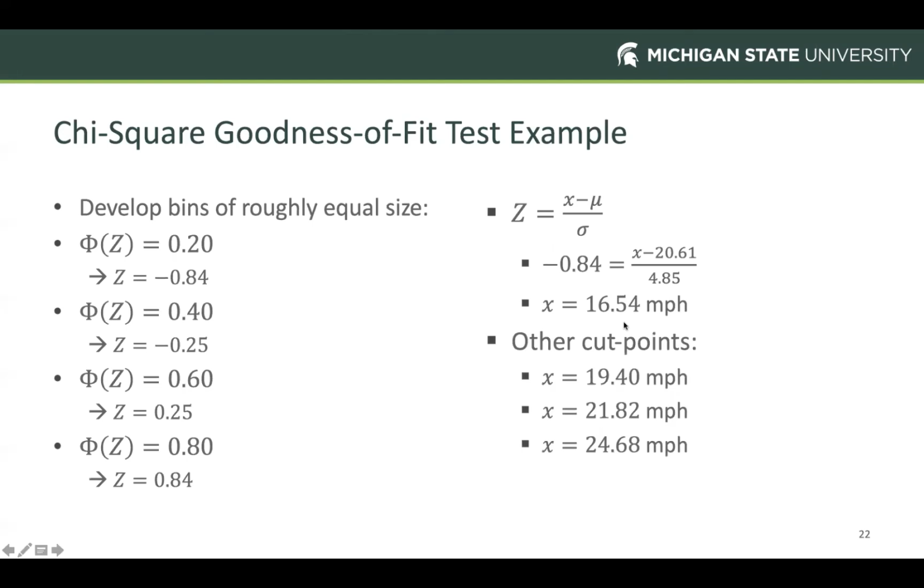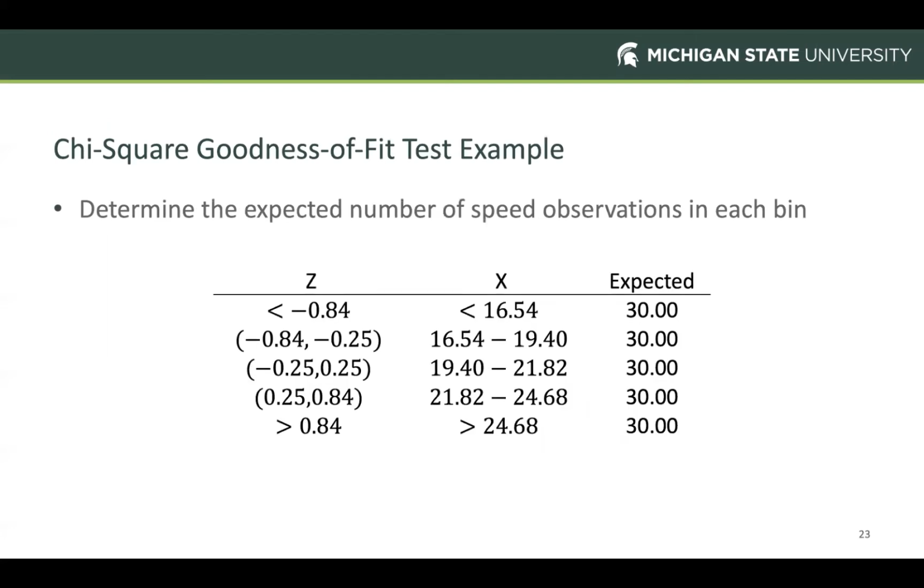And likewise, the other cut points would be 19.4, 21.82, and 24.68. Okay. And so we know what our bins are now in terms of both the z-scores and the actual measured speeds in miles per hour.